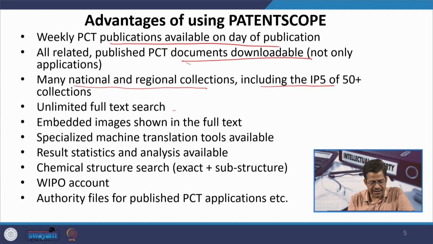Unlimited full text search, embedded images shown in the full text, and specialized machine translation tools are also available. Then there are some inbuilt statistics and analysis, chemical structures etc. So you have a lot of primary information which can be very valuable to new researchers. All these things are available through PATENTSCOPE.